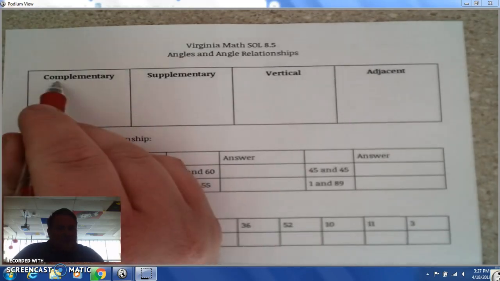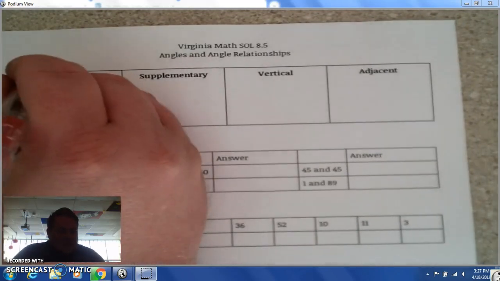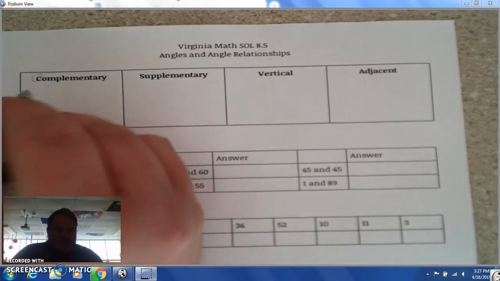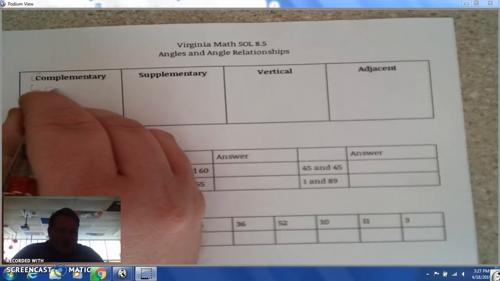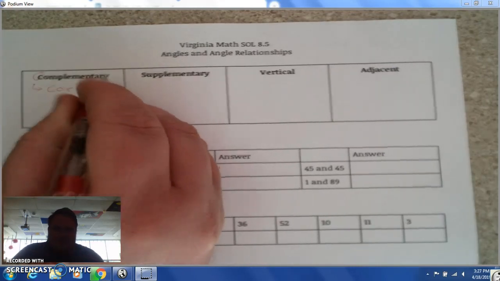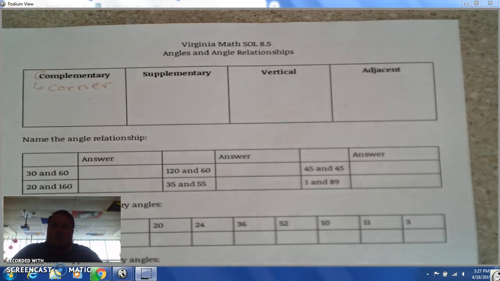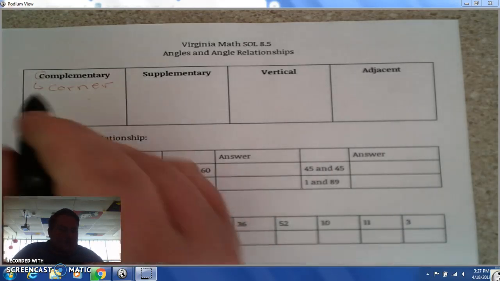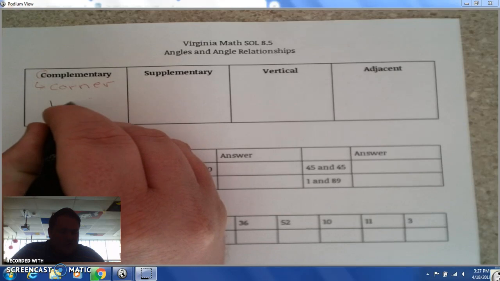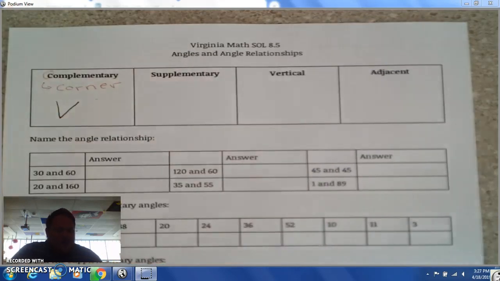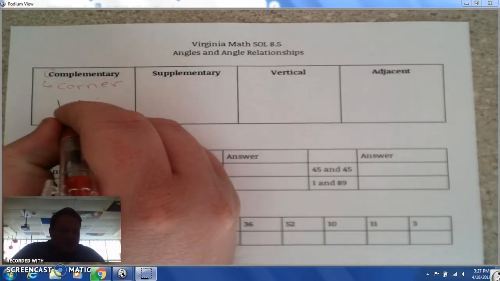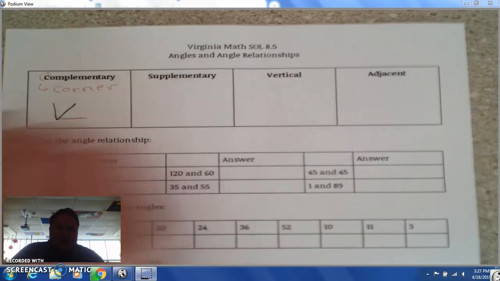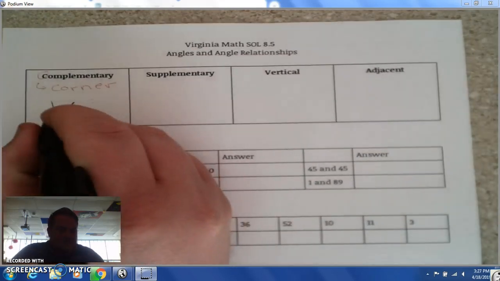Okay, a complementary angle, of course, has a C in it. And I like to think of a C as a corner angle, okay? C has corner. So two complementary angles form a corner. So you could have that angle, and then you could have another angle, and they make a right angle, okay?